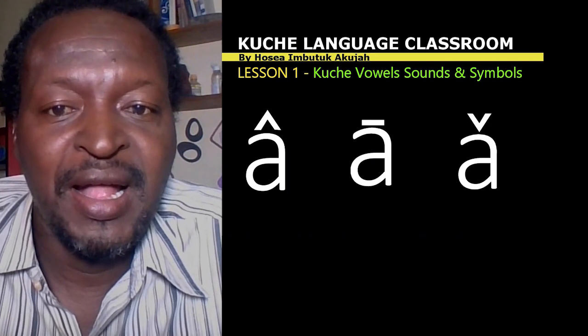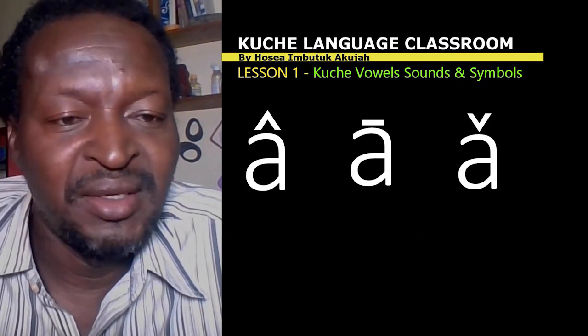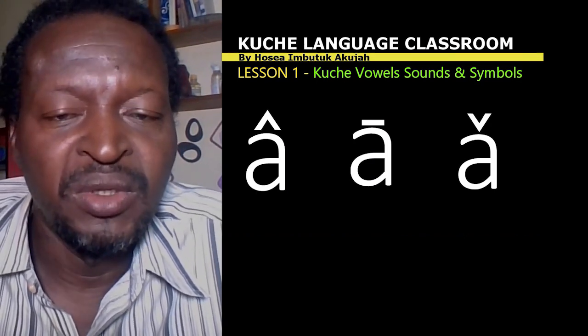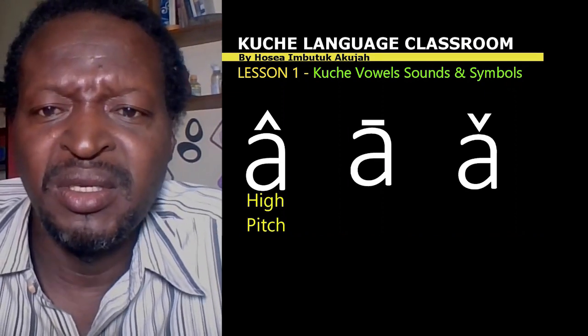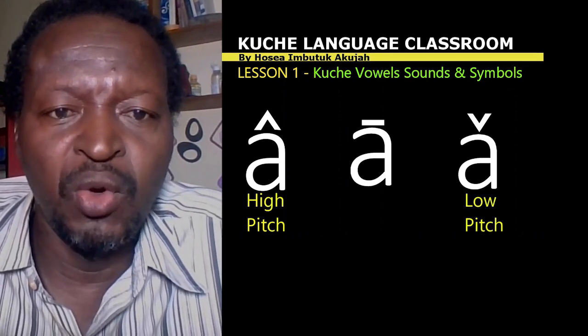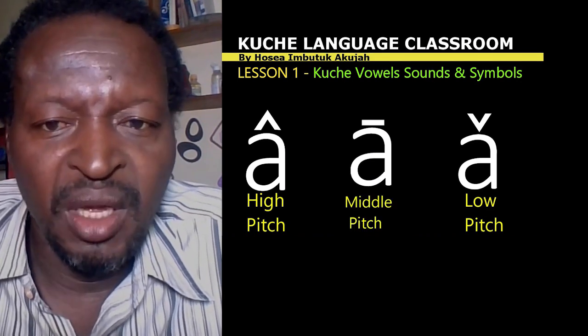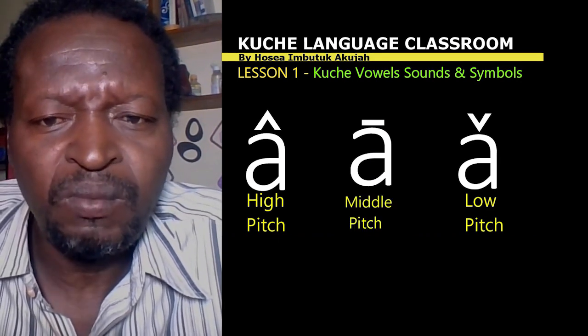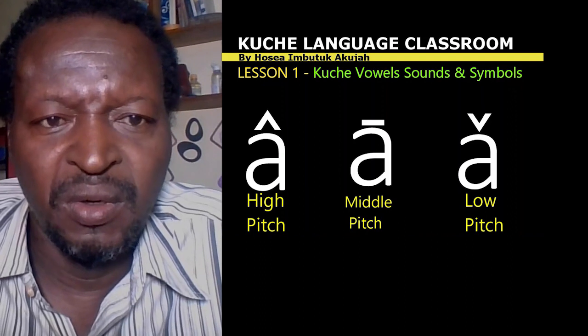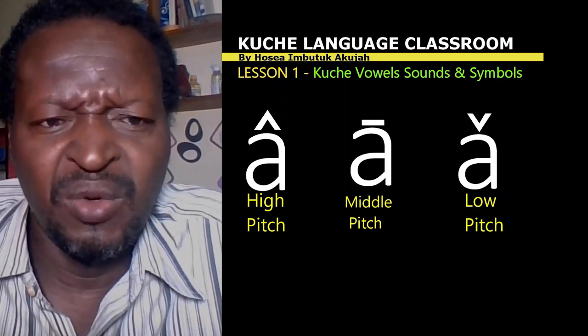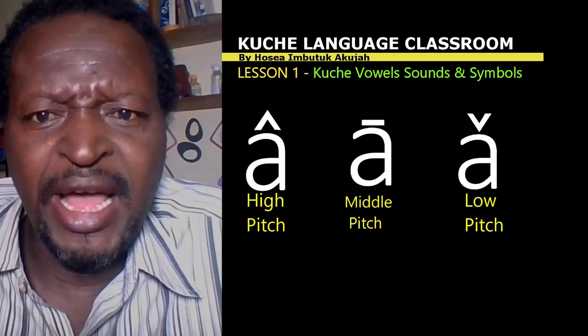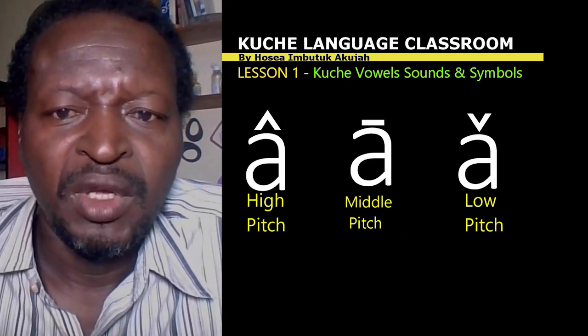A is the middle sound. A is the high pitch. A is the low pitch, and a is the middle pitch, intermediate, or whatever you call it. Whatever is in the middle is neither high nor low.